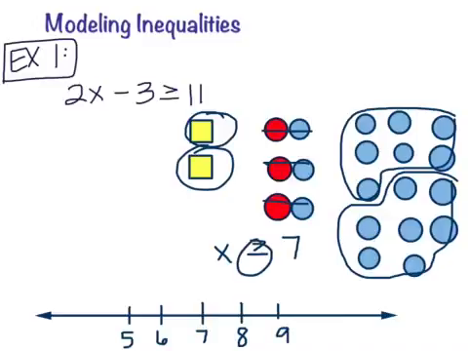Because we have the or equal to, that means we're going to have a closed dot over 7. So we draw our dot, we fill it in, and if the answer is greater than or equal to, that means x can be 8, 9, 10, 11, and so forth. So our line will point towards the right.